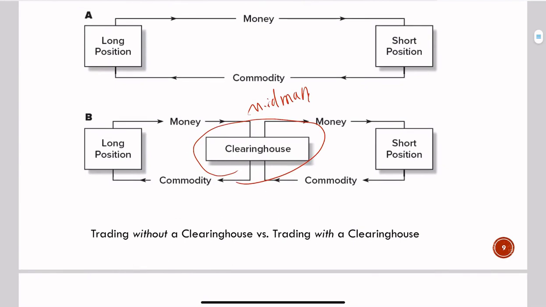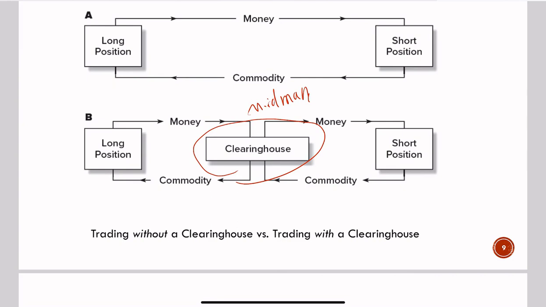So when you're establishing this long position, you will not directly interact with the investor who is establishing the short position. You will actually interact with this clearinghouse. That is, you will give money to this clearinghouse on the delivery day, and the clearinghouse will be responsible for delivering the commodity to you.